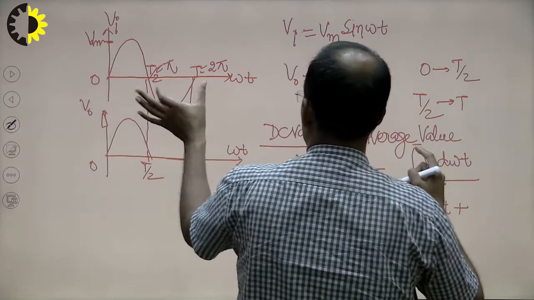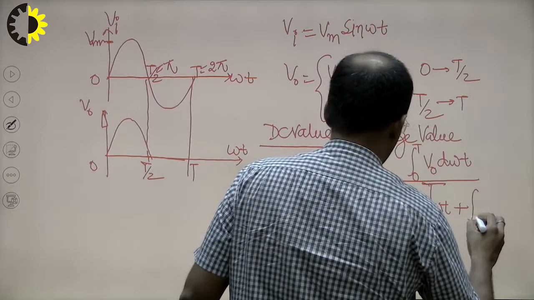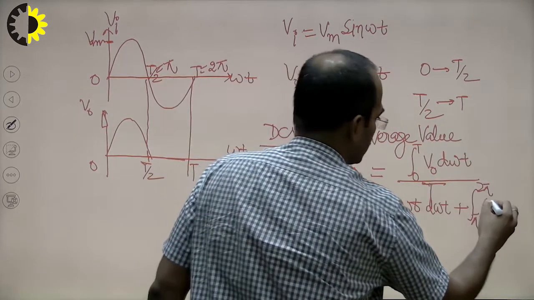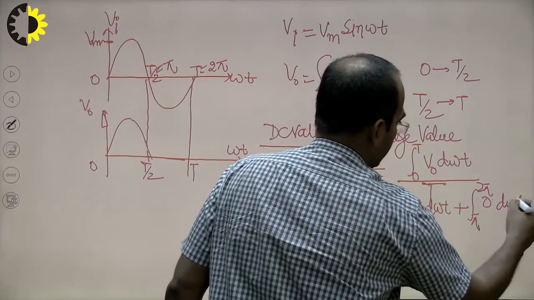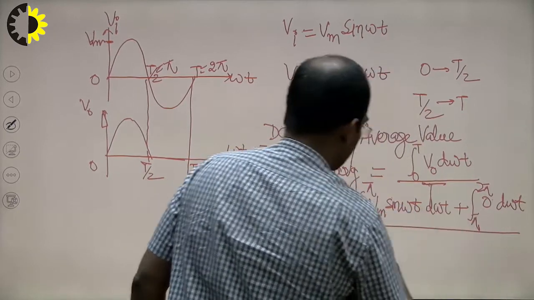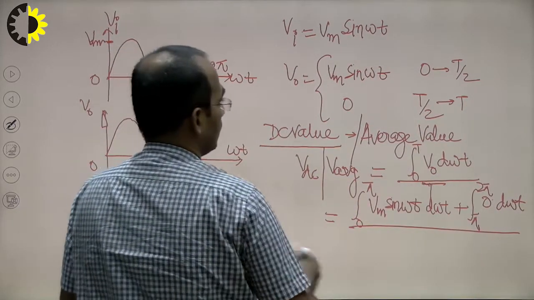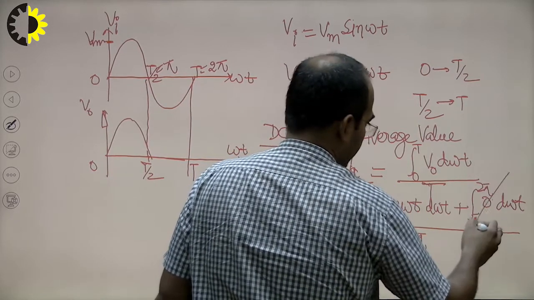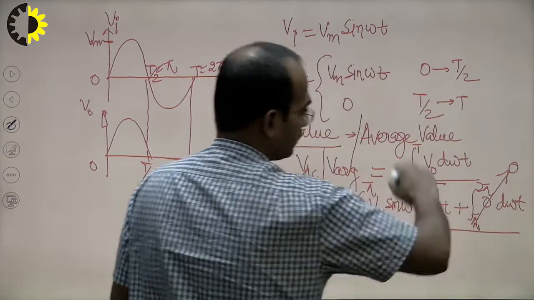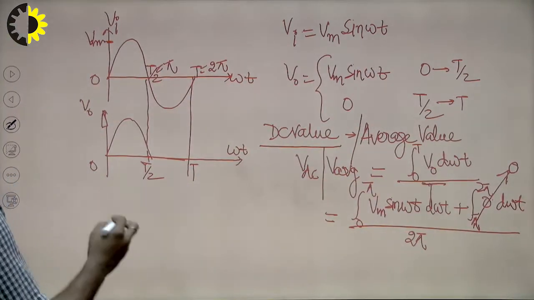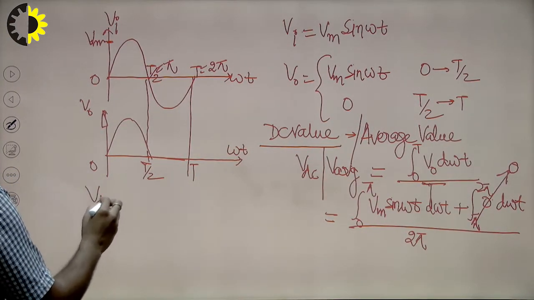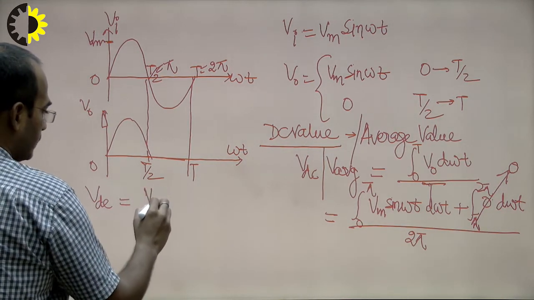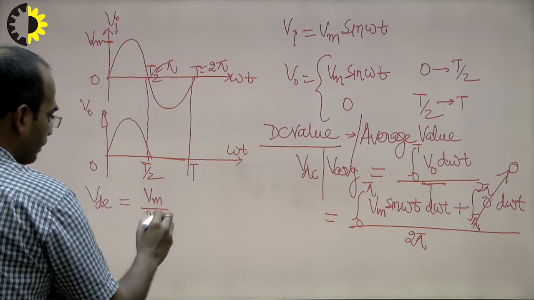It means T by 2 to T the output is 0. So I am writing here pi to 2 pi, 0 d omega t, divided by T, which is 2 pi. So this factor will become 0. What will be the value of VDC? VDC is equal to the integral from 0 to pi of Vm sin omega t, upon 2 pi.